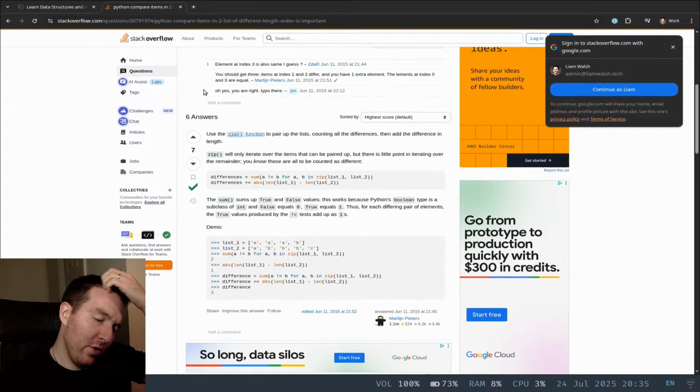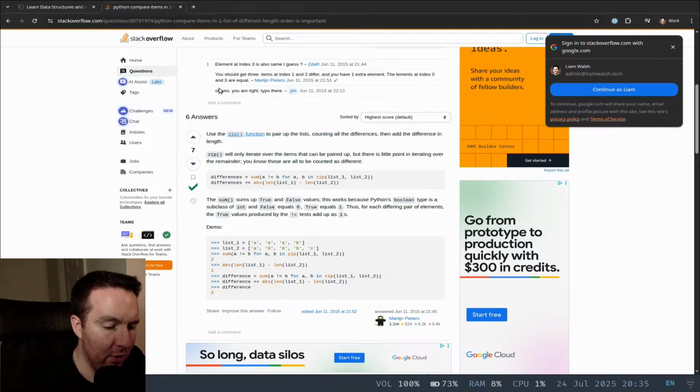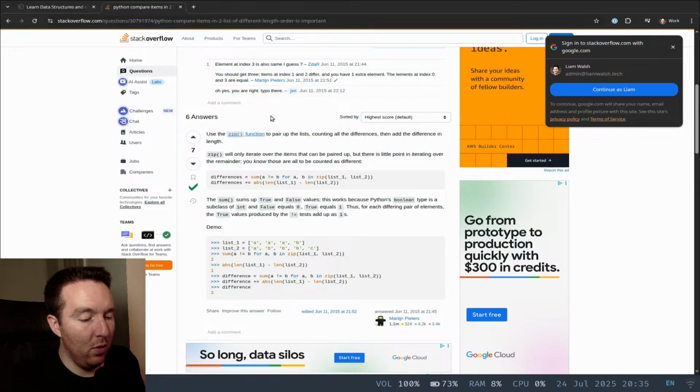Use a zip function to pair up the lists, counting all the differences, then add the difference in length to the zip. Only iterate over the items that can be paired up, as there is little point iterating over the remainder; you know those are all to be counted as different.